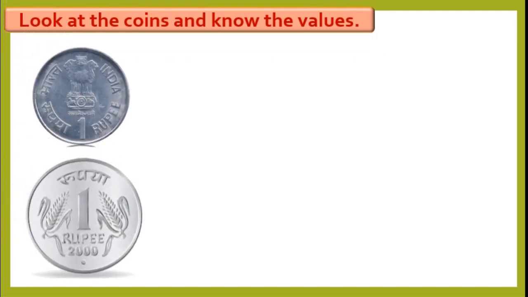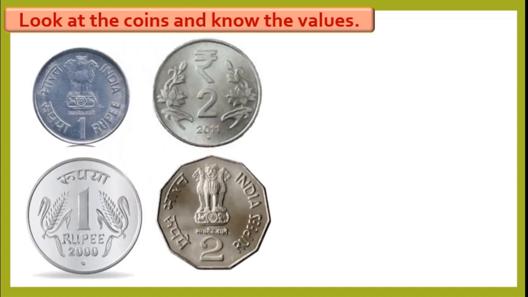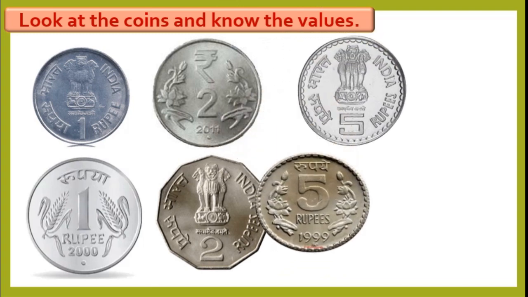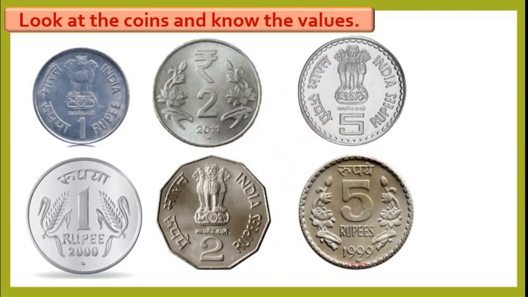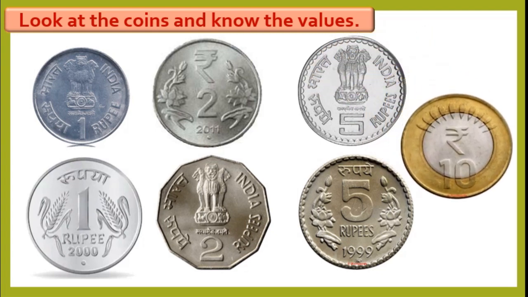See, this is a coin for rupees 1. Here also we can see 2 rupees coin with 2 different designs. These are 5 rupees coins and this is one single 10 rupee coin.